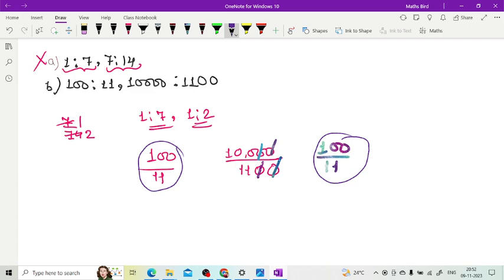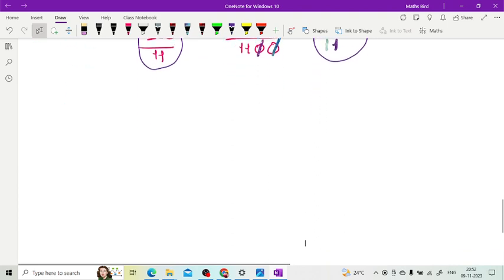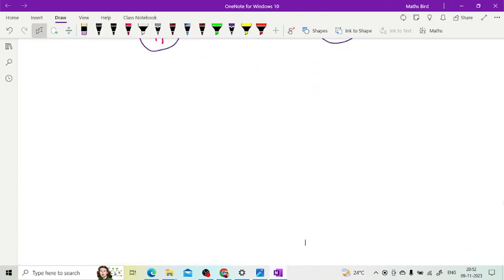In the second question, if they are asking like find the ratio, or they are giving the total, right?